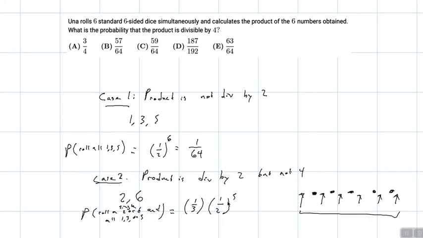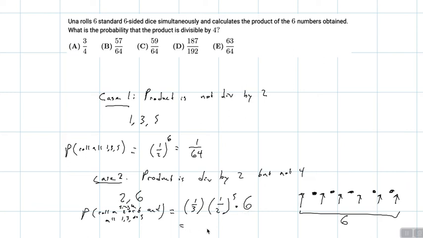Basically, within the permutations of rolling these 1, 3, or a 5, there are 6 different arrangements for each combination. So what we need to do to account for that is multiply by 6.